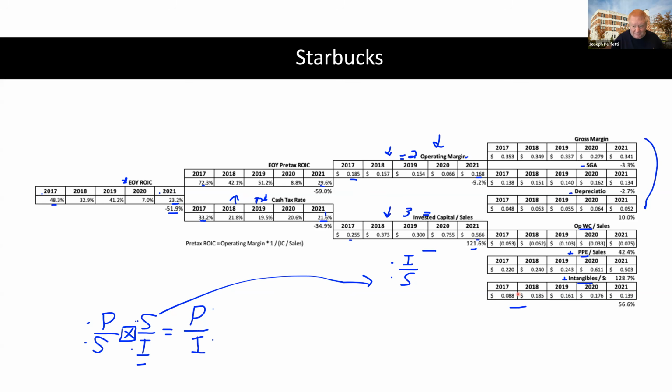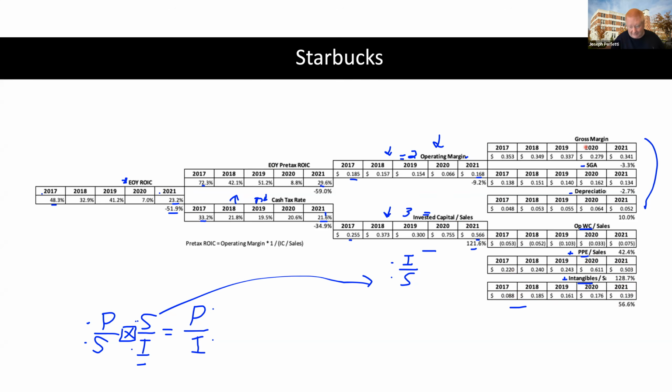Matter of fact, you can see clearly here, as I highlighted earlier, between 2017 and 2018, a big jump in intangibles, a big purchase by Starbucks of somebody. Who did they buy? I would expect you to know that. Okay. But for purposes of this intro, 8.8 to 13.9. So a big jump in intangibles. But if we look at it, the primary reason invested capital to sales went up was PP&E going from 22 to 50.